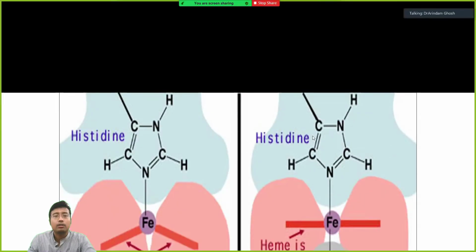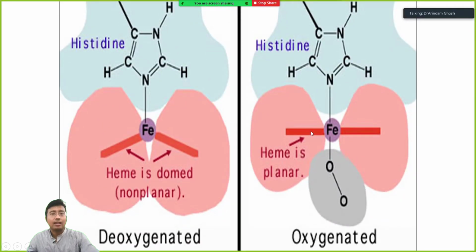This is what we were trying to discuss in the last class, but now you can understand. Generally, iron is at a plane above, so basically this is domed. Now, when oxygen enters, it pulls the iron along with the histidine also. This F8 histidine, or proximal histidine, is also pulled.